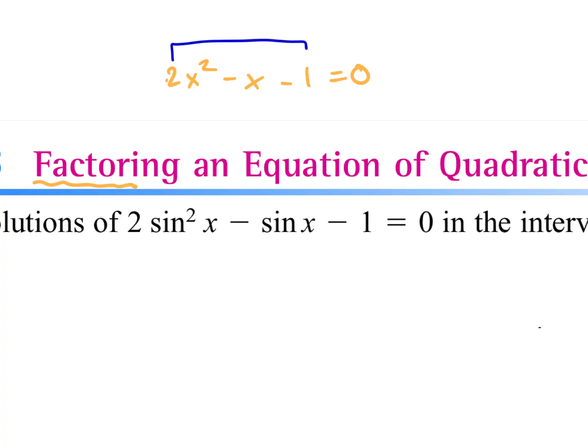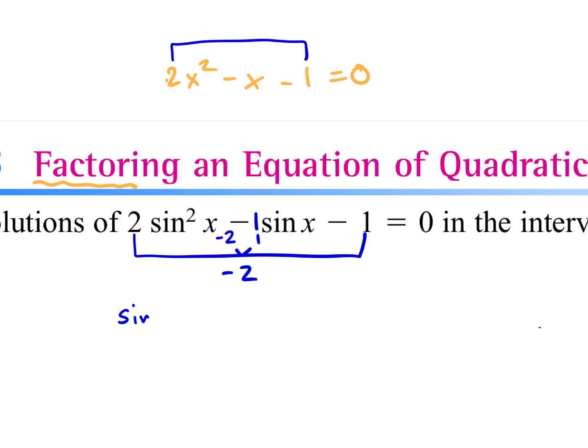We multiply the first times the last. So same thing here. 2 times negative 1 would be negative 2. What are two factors of negative 2 that add to negative 1? Negative 2 and positive 1.